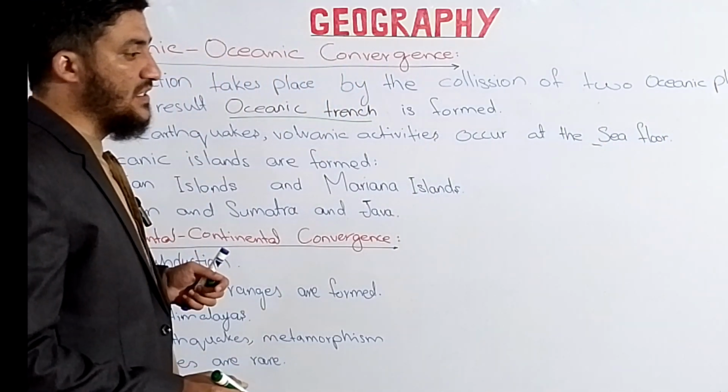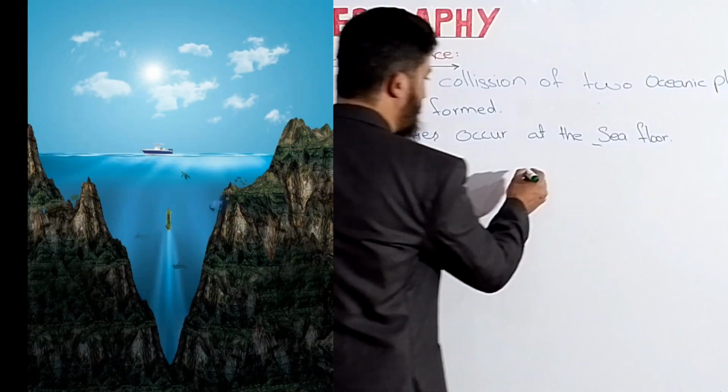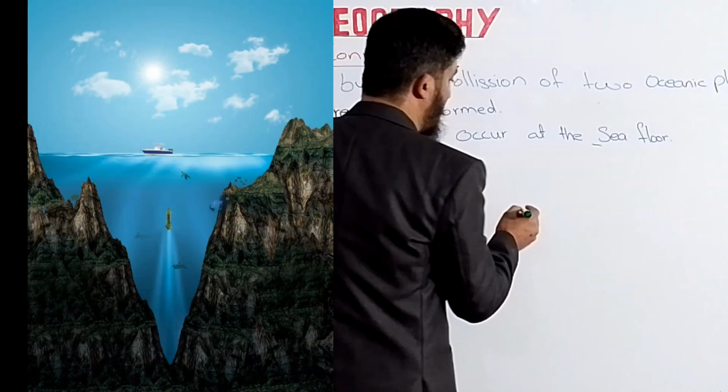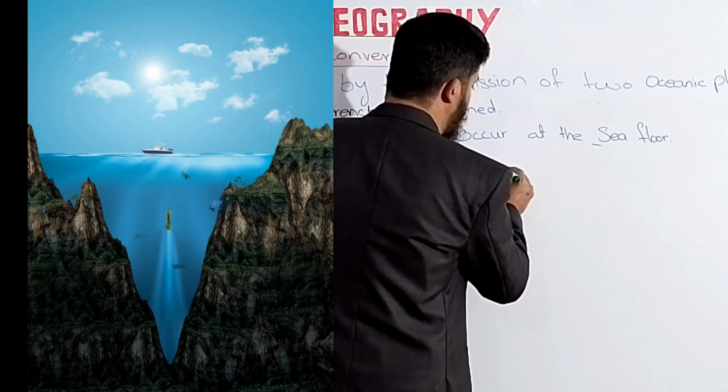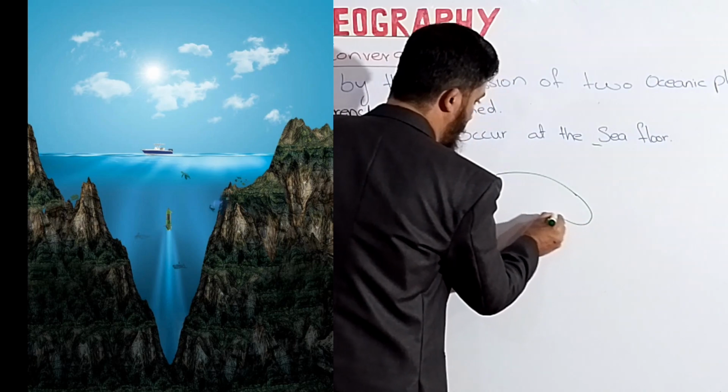We have an example of an oceanic trench, the Mariana Trench. The Mariana Trench is formed by the Pacific plate, which is a subducting plate.